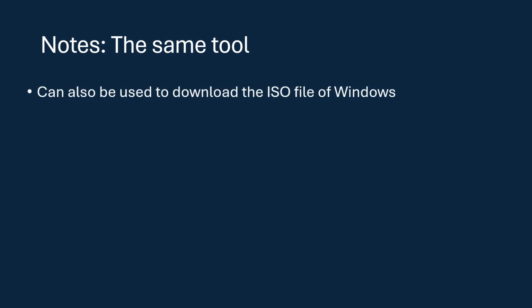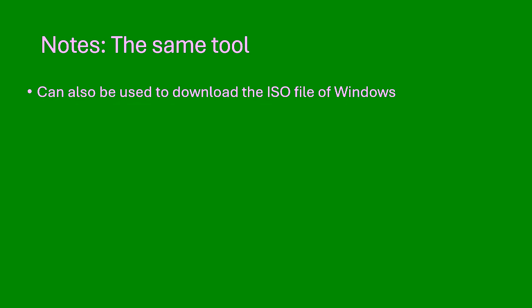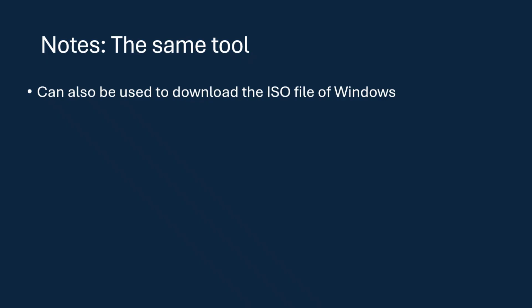Now, some notes about this tool. This tool can also be used to download the ISO file for Windows. So if you don't want to create a bootable USB flash drive, but you want only the ISO file, you can use the same tool. And I may create another video to show you how to do that.